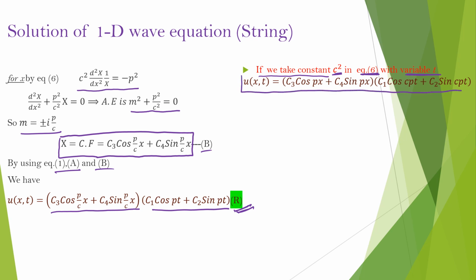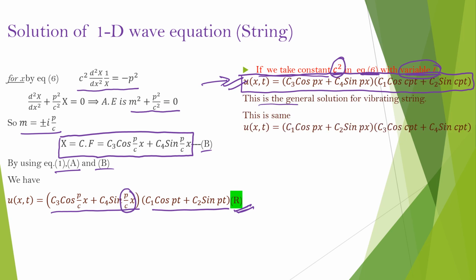Both solutions are correct because c² is a constant. When we separate the variables, we can take c² along with t or x. If we take c² along with x, we get this type of solution, and if we take c² along with t, then the solution is this. Both solutions are right, but I prefer this solution in problems.